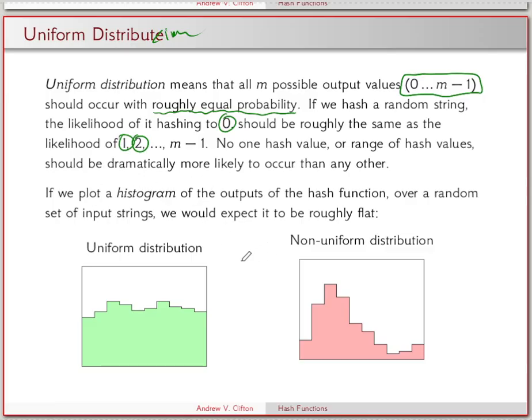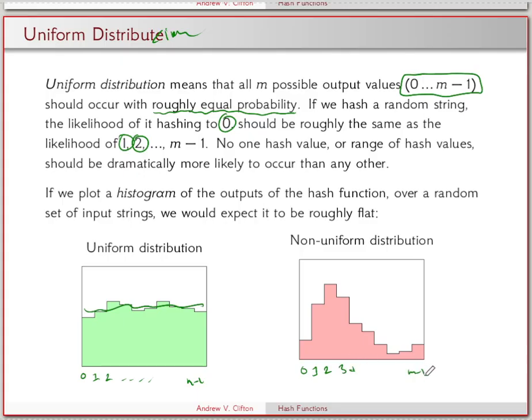If we were to plot a histogram, a bar chart of the outputs of our hash function, so this bar is how many times did 0 come out, and this one is how many times did 1 come out, and this one is how many times did 2 come out, and so forth, all the way up to m minus 1, we want it to be roughly flat like that here. Over here, it looks like 0 didn't come out very often, 1 comes out a lot, 2 really comes out often, and then it starts to go back down.